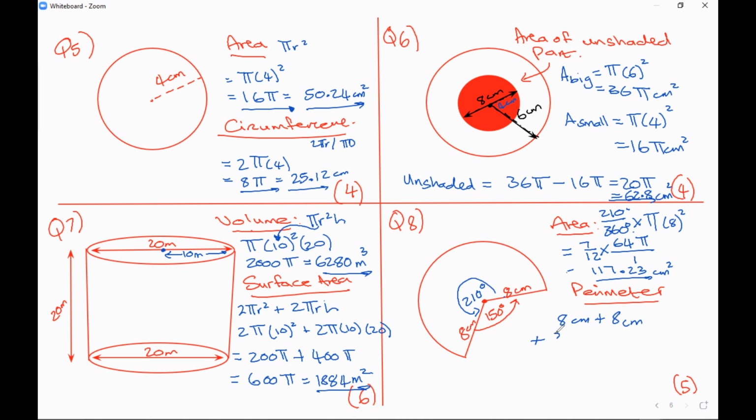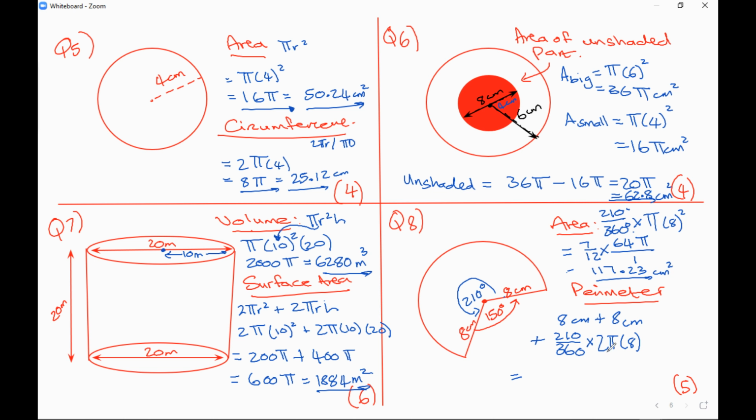And that length is a fraction of the entire circumference. It's that part of the circumference. So it's 210 over 360 again, but this time we multiply it by the circumference formula and not the area formula, which is pi times d or 2 pi r. So 2 pi multiplied by 8.